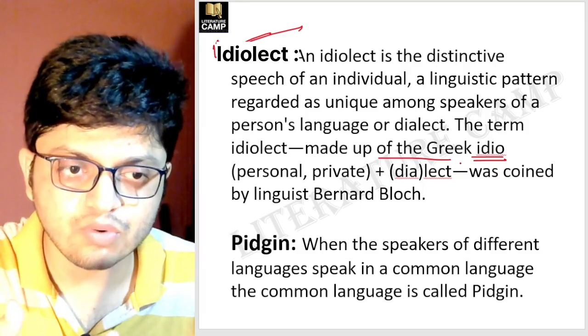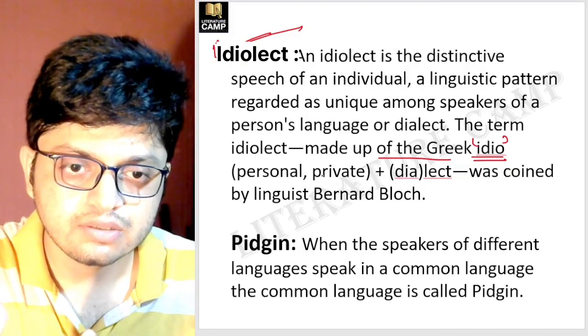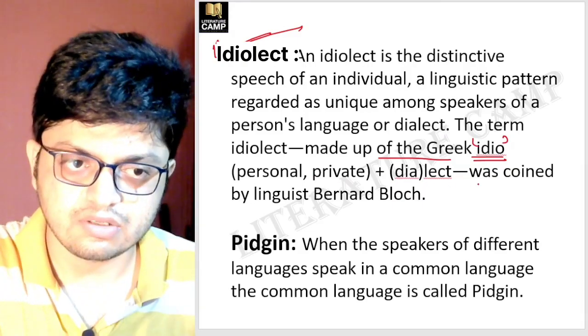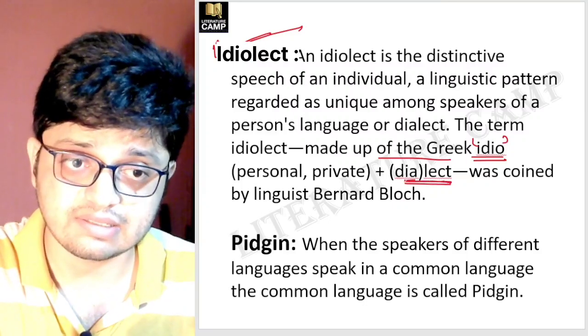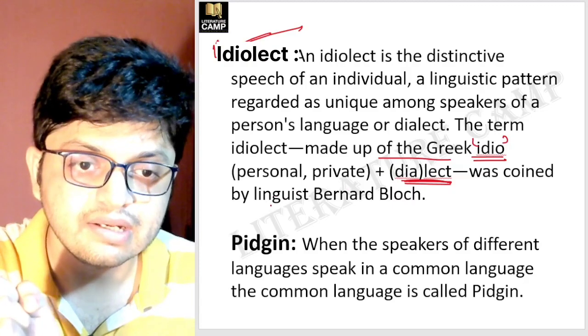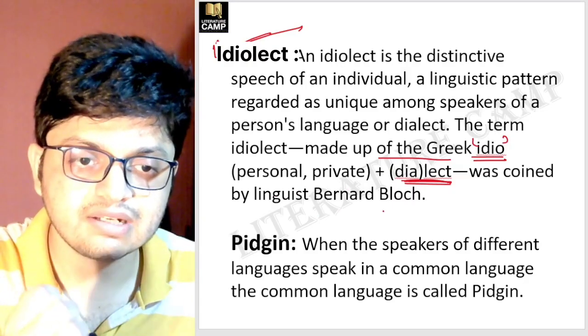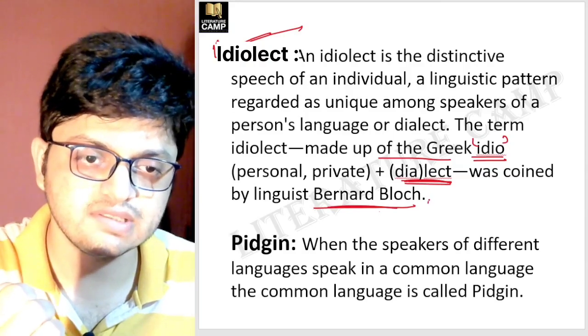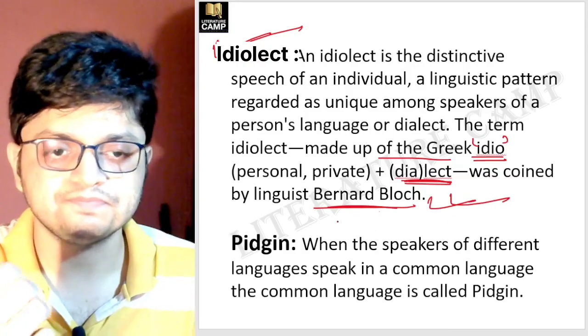So it is made of the Greek word ideo, which means personal or private, plus dialect. And this word idiolect, which becomes very important, was coined by the linguist Bernard Bloch. Bernard Bloch, please make a note of it. This is something we need to know.